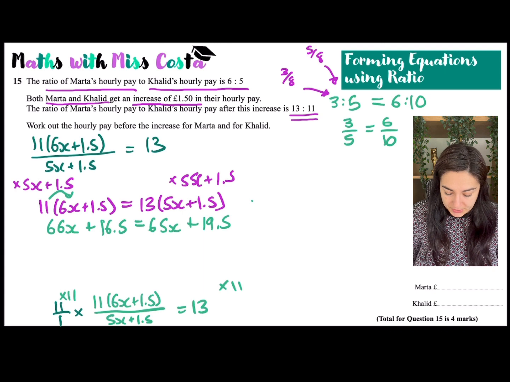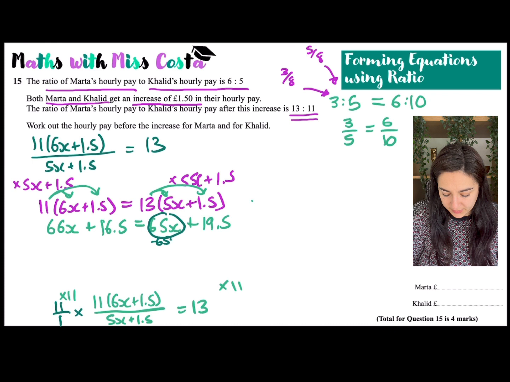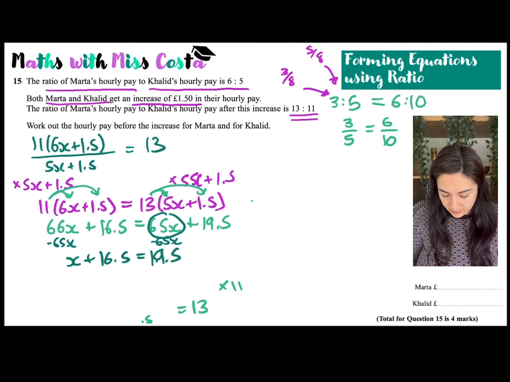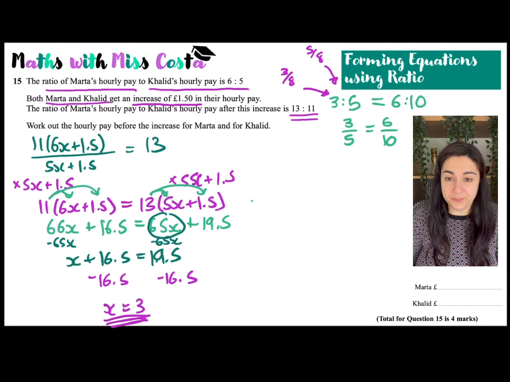Okay, so I've expanded my brackets, and now I want to simplify. I've got 65x here, so I can subtract that from both sides. I'm left with x plus 16.5 equals 19.5. For my last part, to find what x is, I'm going to subtract 16.5 from both sides. So I'm left with x equals 3.